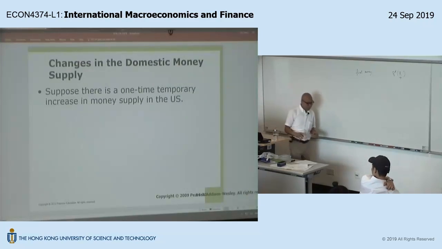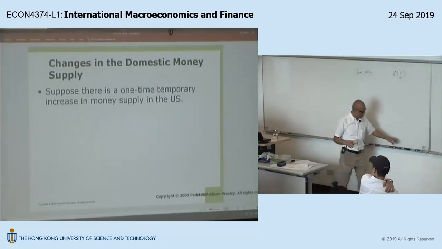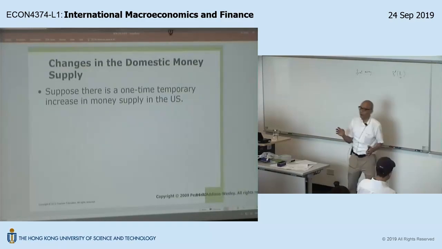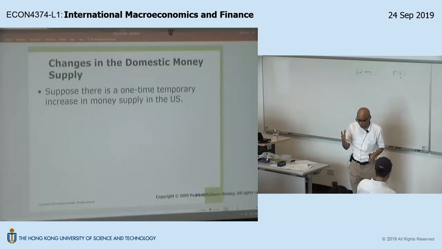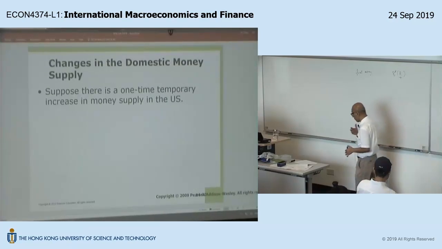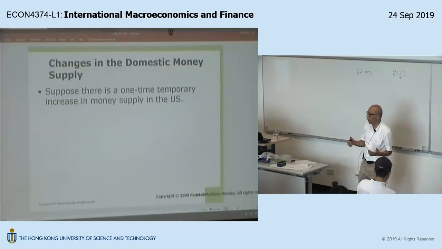I can tell you the reason why we talk about temporary rather than permanent is there actually is a big difference whether the increase in money supply is temporary or permanent. Because if it's permanent, it's going to be more complicated. It's going to affect the expectation. All the future price levels are going to be affected, and as the price level is affected, the future exchange rate E is going to be affected.